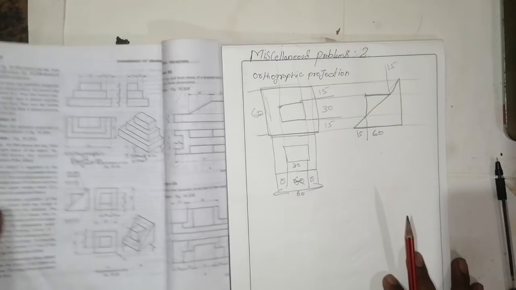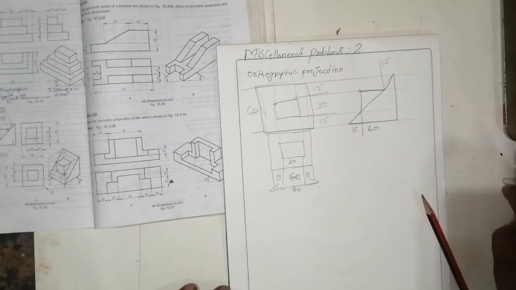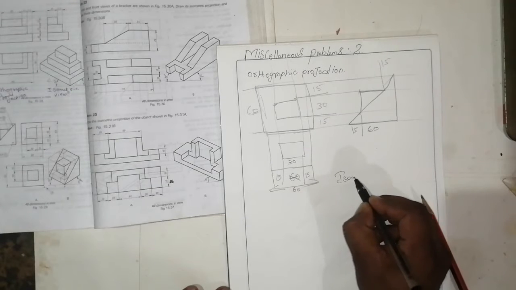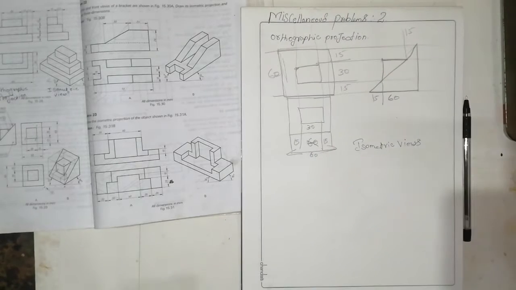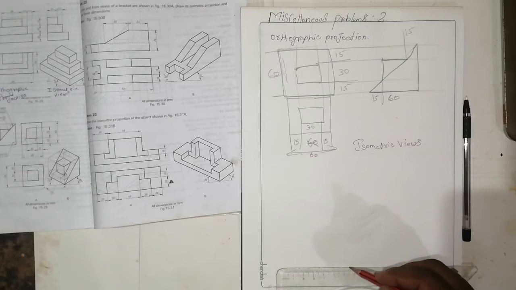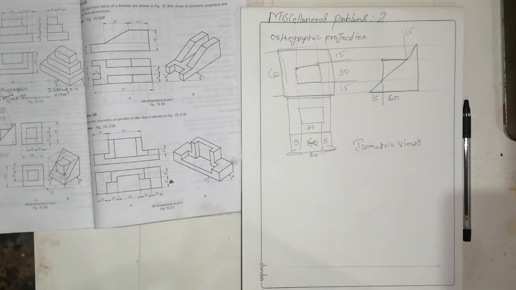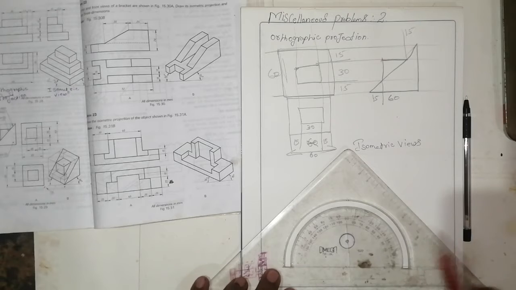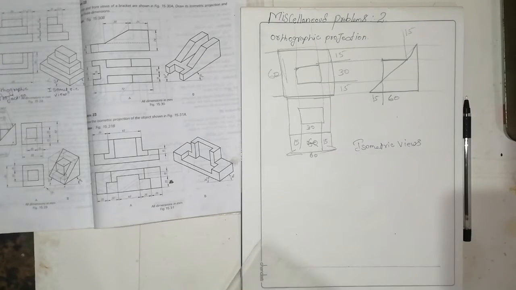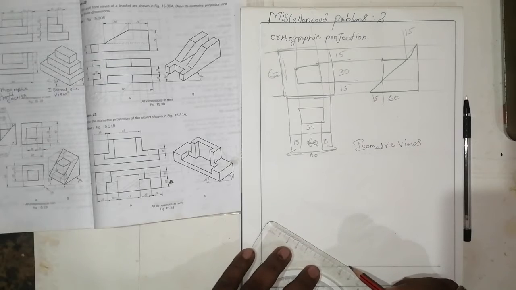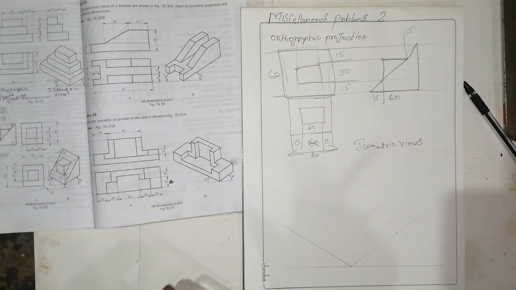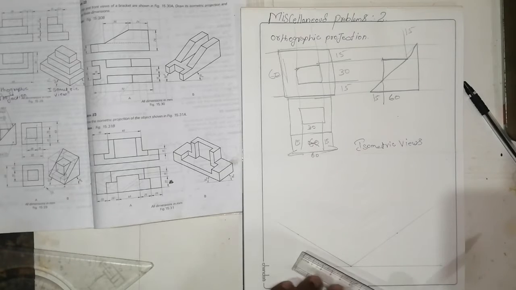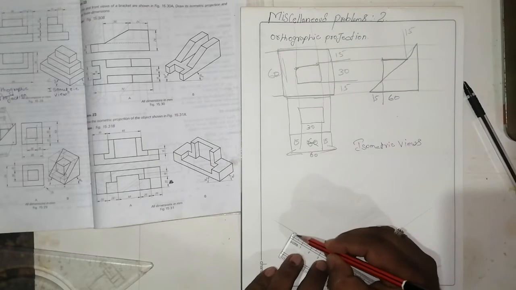So we have to do the isometric view. Keep somewhere in the middle point, draw an axis line, take 30 degrees and 30 degrees, so make a reference line like this. So the dimension given is 60 mm. 60 mm.